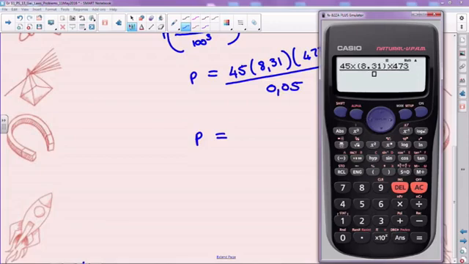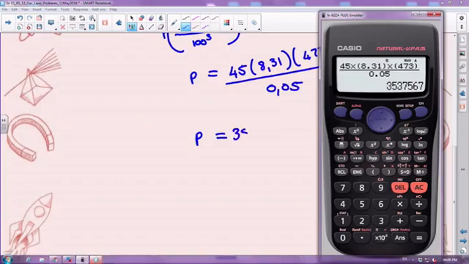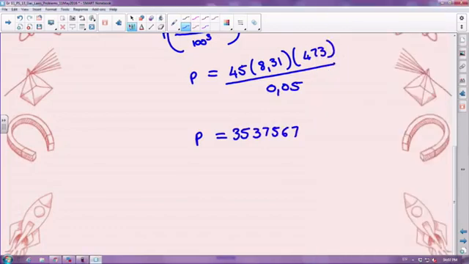And I'm going to divide here by 0.05. Oh, no, I need the points. 0.05. And I'm going to get an answer of 3537567. And because we're in SI units, my answer here is going to be pascals.